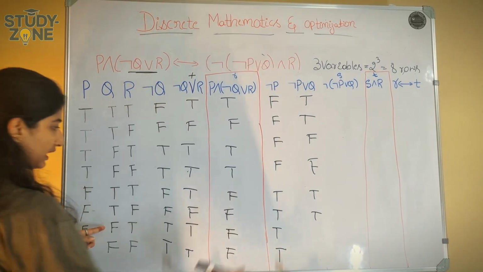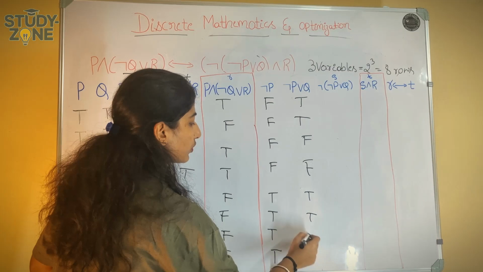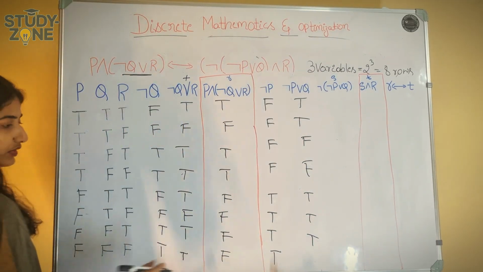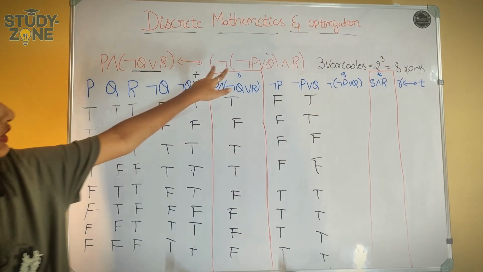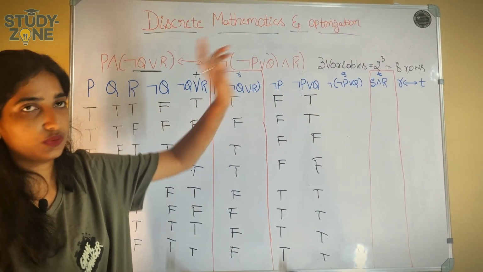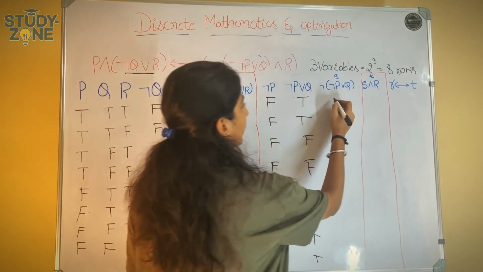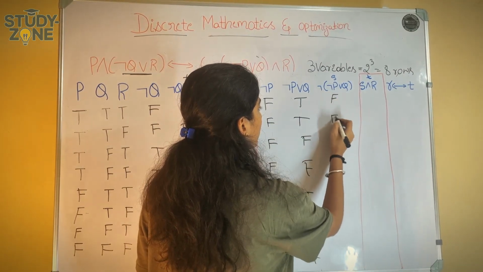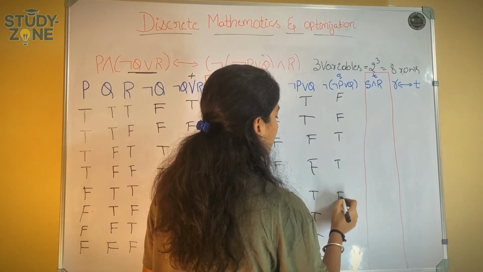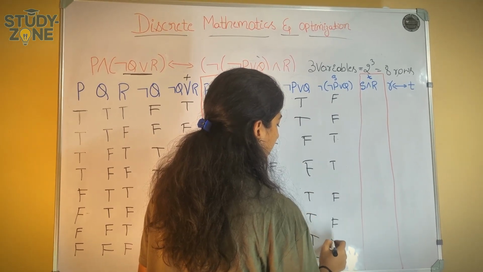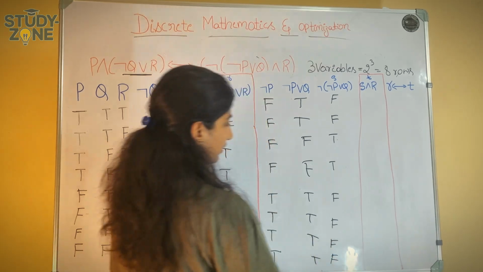And then true plus false, that is true. Again true plus false, true. Then we have to negate the whole P or Q. So false, false, true, true, false, false, false, false.